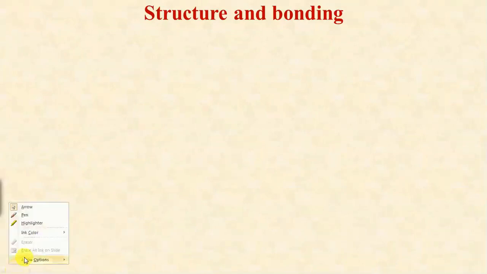Before discussing the various spectroscopic techniques for the characterization of these carbenes, first of all, we will discuss the structural and bonding features of Fischer and Schrock carbenes.